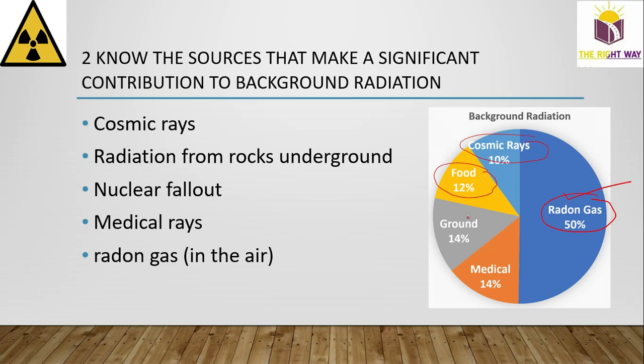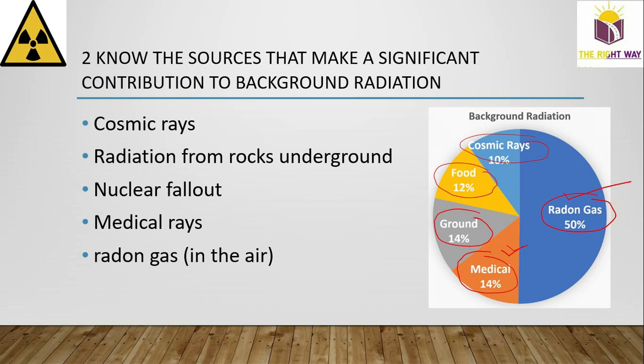Ground, stones, the underground, and different radioactive materials produce 14% of background radiation. And the medical instruments we use for the diagnosis of people also produce background radiation from radioactive materials. So medical sources account for 14% of the background radiation.